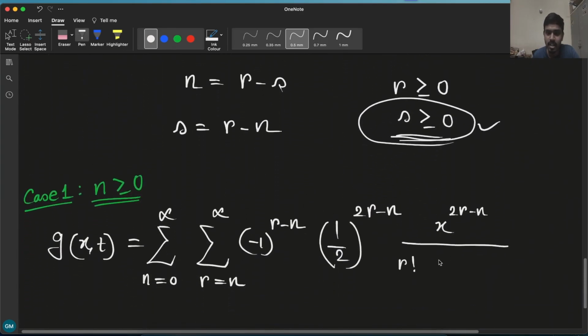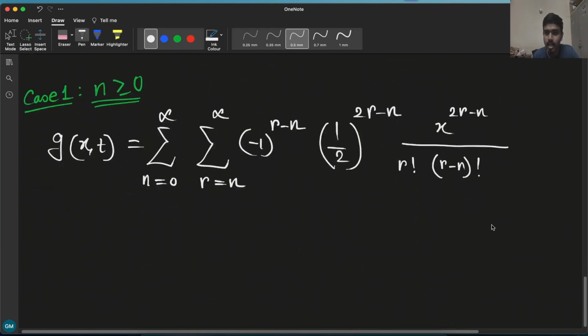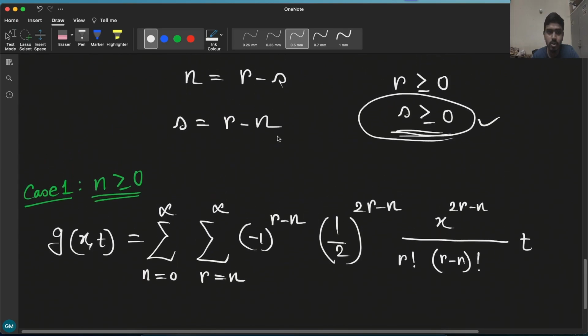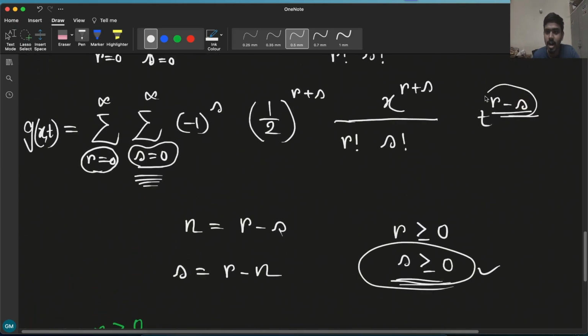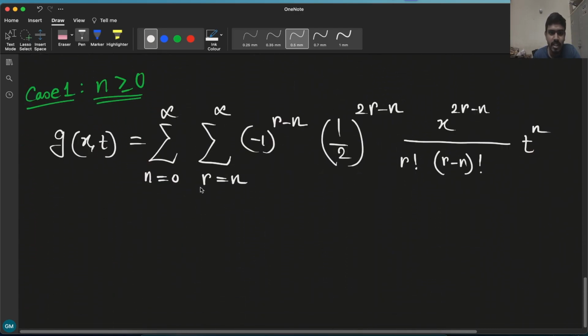So s is r minus n, so it is r minus n factorial, times t to the power r minus s, and r minus s I considered as n, so it will be t to the power n. And now you can see that the coefficient of t to the power n is basically this entire term, which is summed over r.